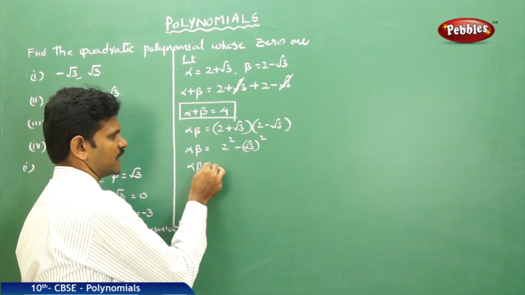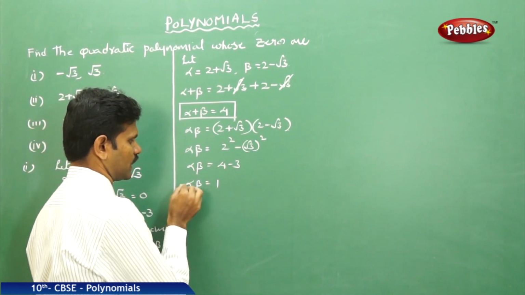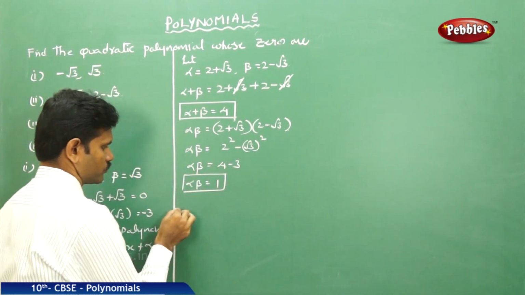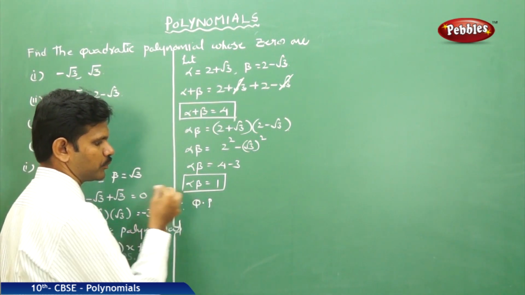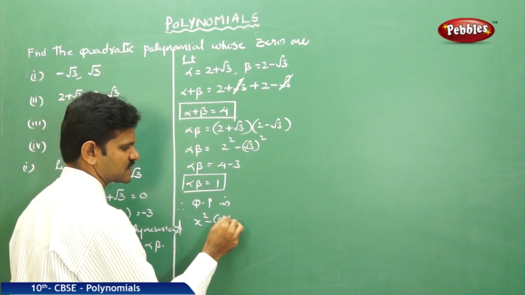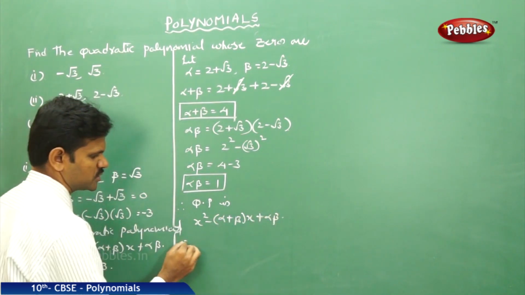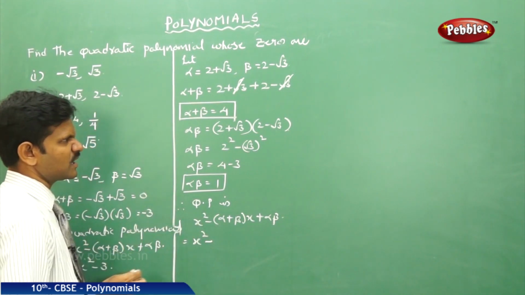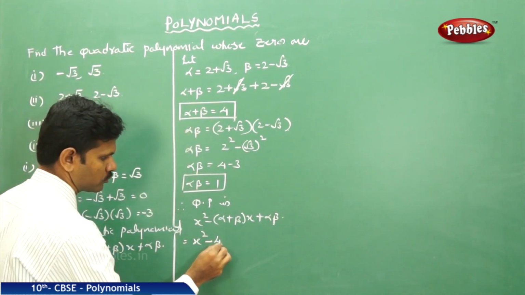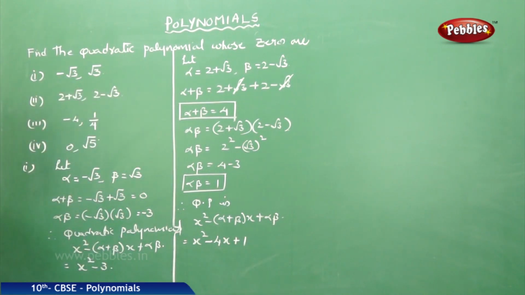That is alpha beta equal to 4 minus 3, alpha beta equal to 1. Therefore, the quadratic polynomial is x square minus alpha plus beta into x plus alpha beta, that is x square minus 4x plus 1.